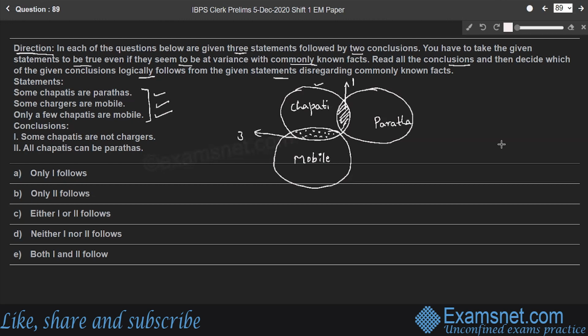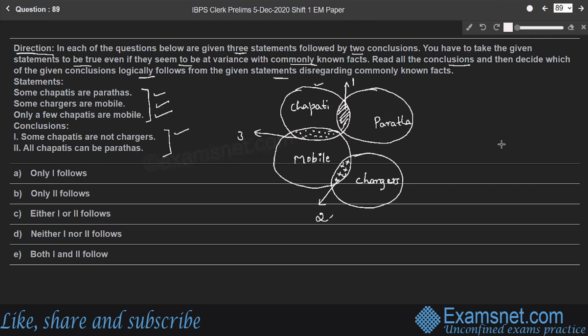And the second statement, some chargers are mobile. Another set of chargers. And this portion represents some chargers are mobile. Second statement. Right?